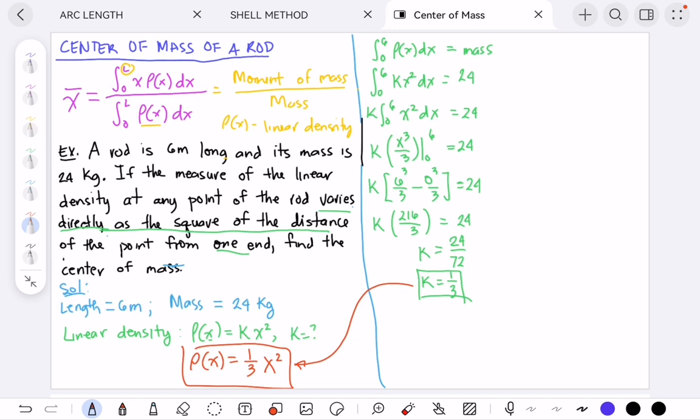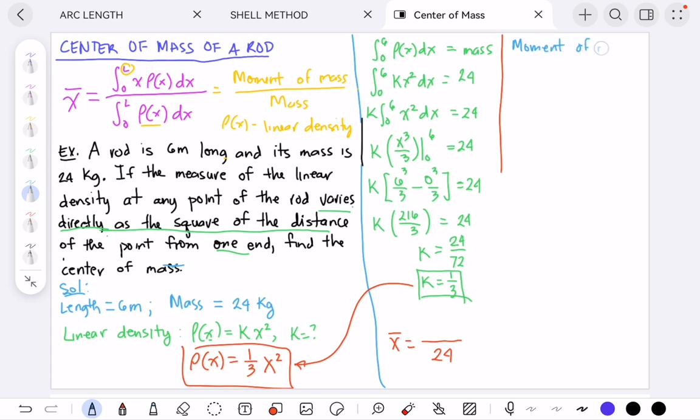Now, we are ready to find the center of mass. The center of mass is the moment of mass divided by the mass of the rod, which we already know to be 24. So what we only need to find is the moment of mass. So let me write that here.